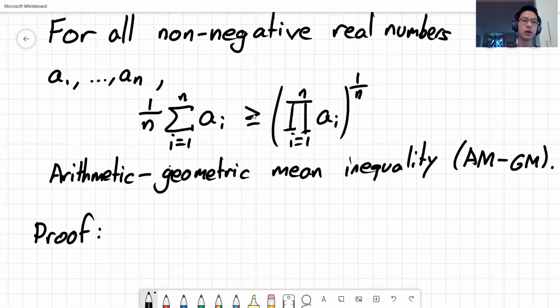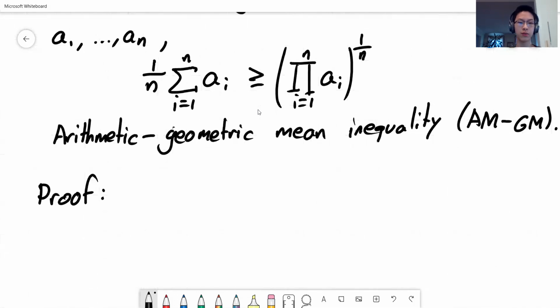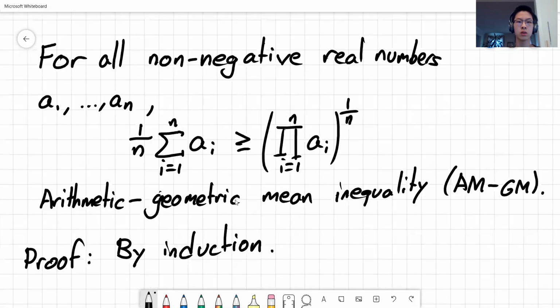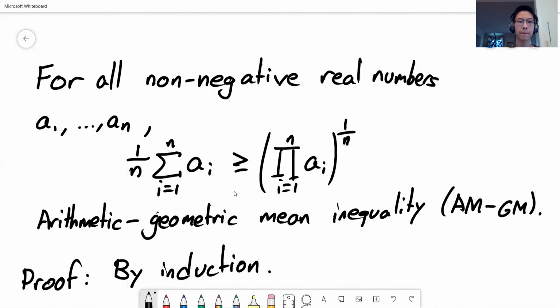The informal name is leap forward, fall back, and you'll see why. And then let's add that n is greater than or equal to 1.